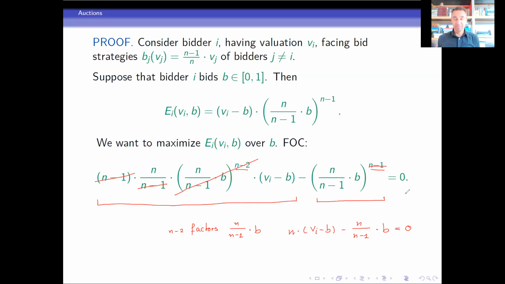That already looks a lot more friendly. And what can you do with this? Well, you can actually try to solve this for b, right? We want to find the maximum bid, so we have to solve for b.